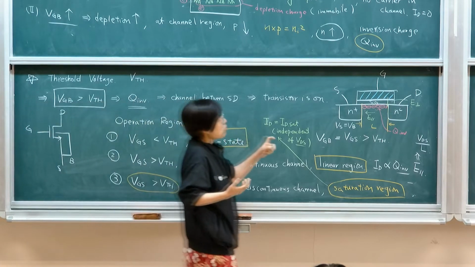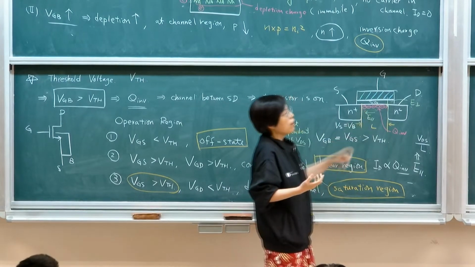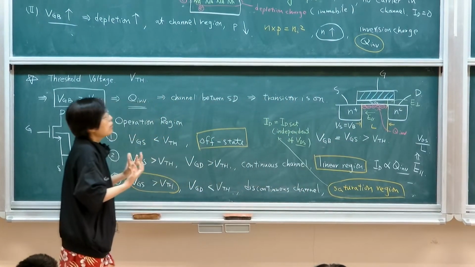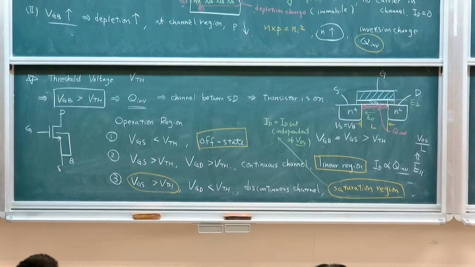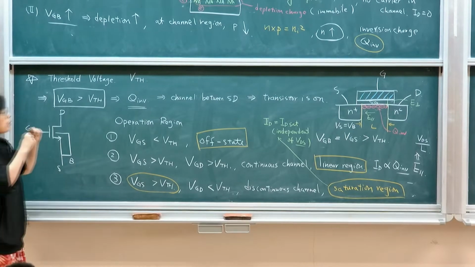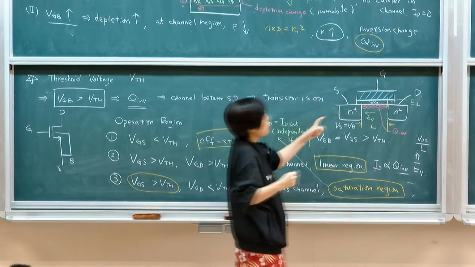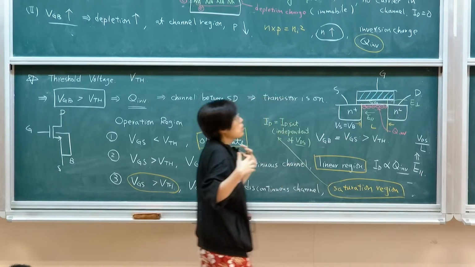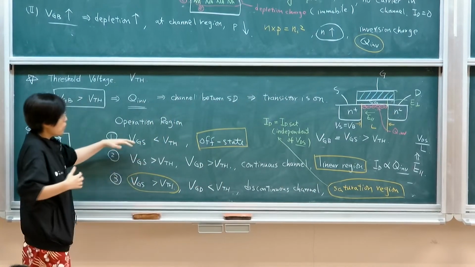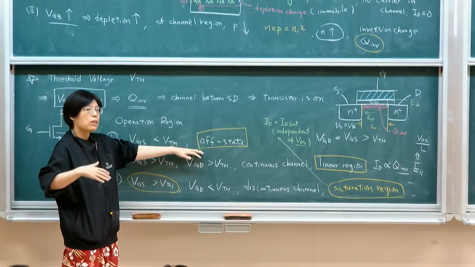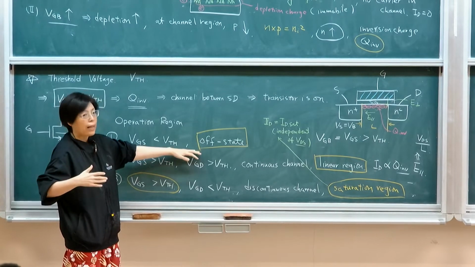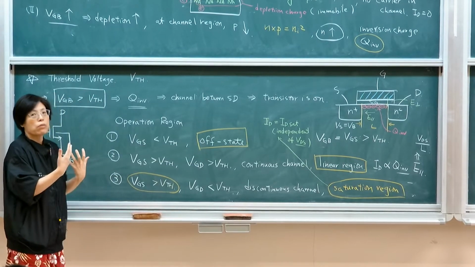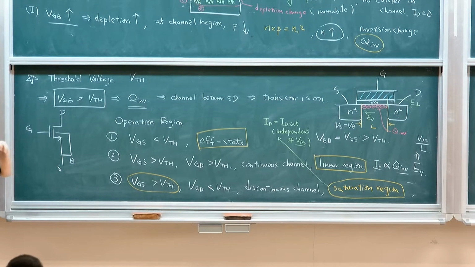You want to make sure that mobile free carriers are generated at the surface of the channel, allowing conduction to be bridged between source and drain. When it doesn't induce charge, it's in the off state. When it reaches threshold voltage, you create inversion charge at the channel.